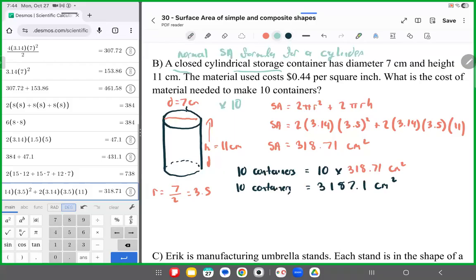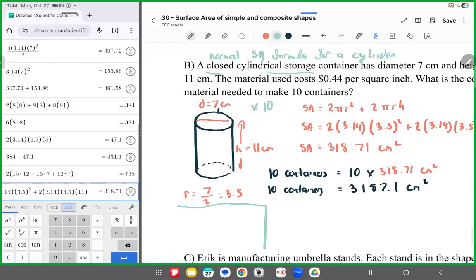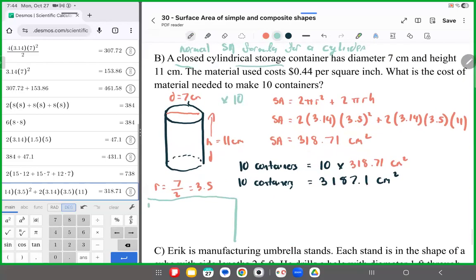And here's the conversion we will need. So we know that 1 inch is equal to 25.5 millimeters. And we know that there's 10 millimeters in 1 centimeter. So 1 inch is equal to 2.55 centimeters. Okay.